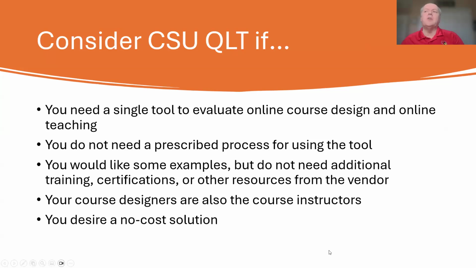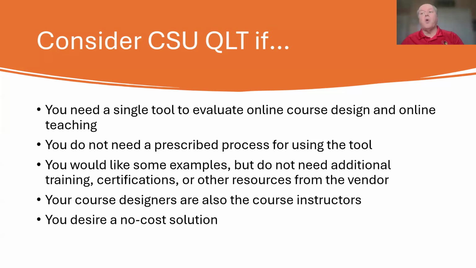So when should you consider the QLT? If you need a single tool to evaluate both the online course design and online teaching, you want to use a single rubric for both. If your faculty are building their own courses without instructional designers, it's just the faculty doing it all, this is a good rubric for that.